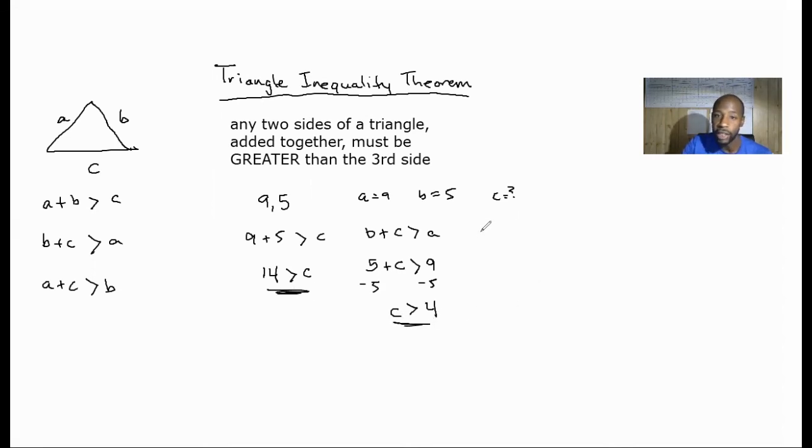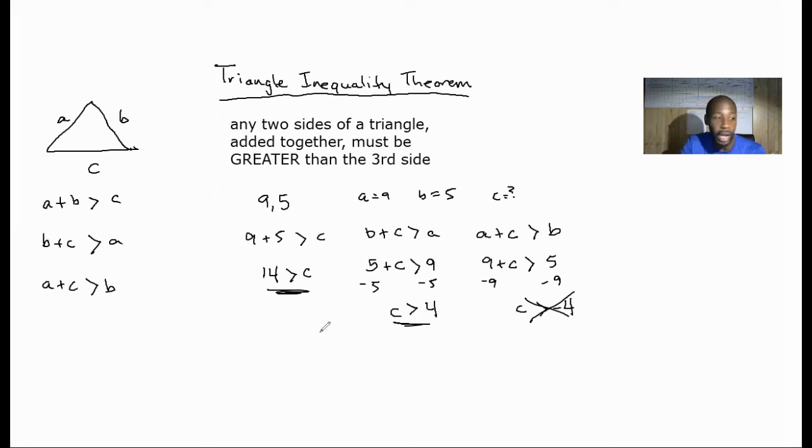And then finally, A plus C has to be greater than B. So 9 plus C has to be greater than 5. Subtract 9 from each side, and C is greater than -4. Can't do that. You can't have a negative side of a triangle. So scratch that. Now you know that C has to be less than 14 and it has to be greater than 4.